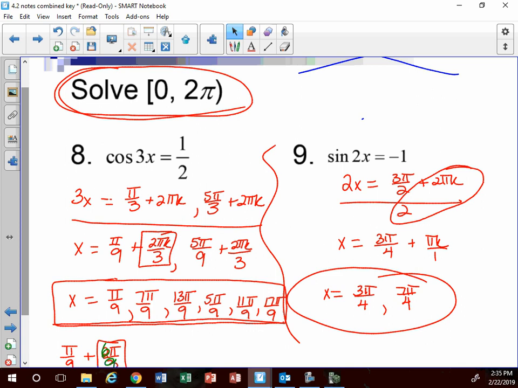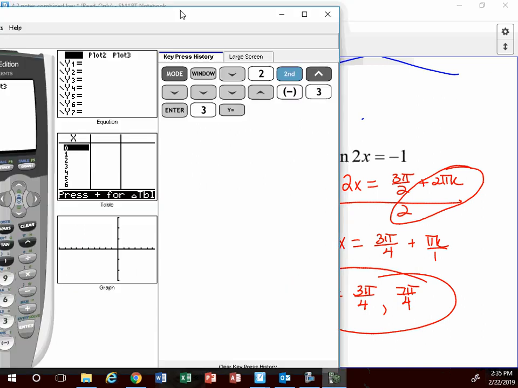Okay, guys, I promise this is the end of your notes, but you got to pay attention so you can see where this comes from. I know, I'm asking so much of you, but you can do it. So back to this one where I had cosine of 3x equals 1/2. Let me just show you graphically why I get so many answers.